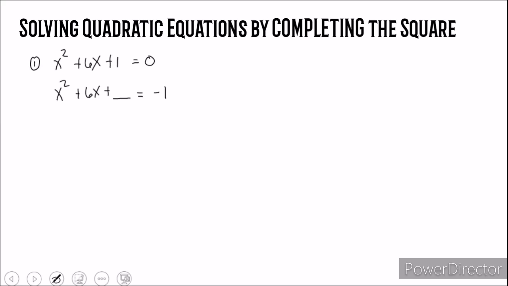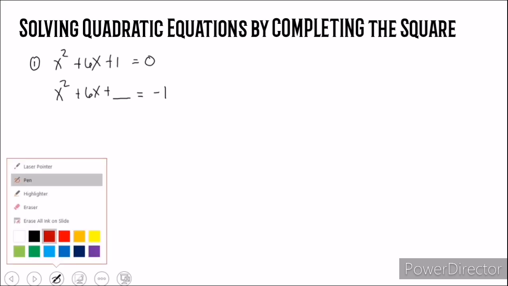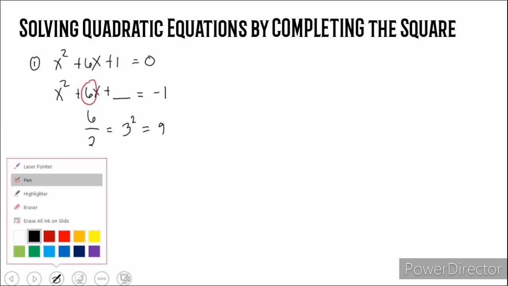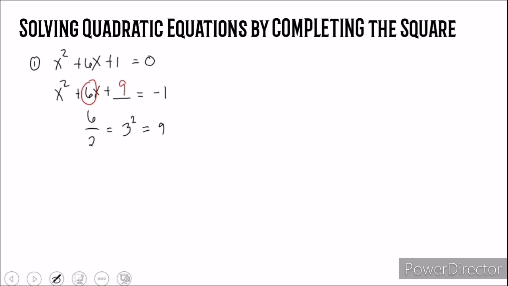So, ang gagamitin natin ay completing the square. So, para ma-complete natin yung square, titignan nyo muna yung middle term. So, i-divide nyo agad yun sa 2. So, we have 6 divided by 2, which is equal to 3. And then, square nyo lang, it will give you 9. So, yung missing natin ay 9.